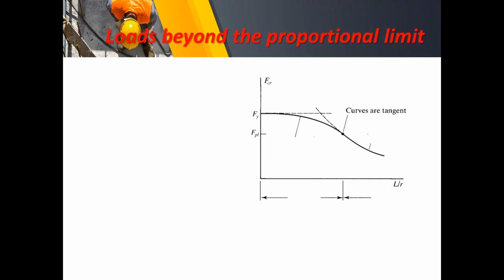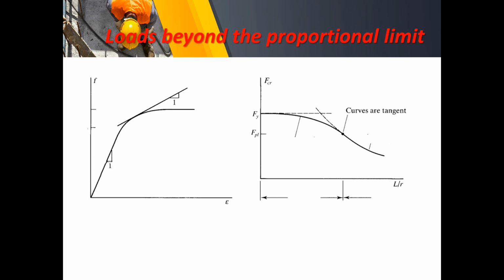Now to illustrate that into the stress and strain diagram, of course the ordinate here will represent our stress, and the horizontal axis will be the strain. Now within the proportional limit, we apply the Young's modulus of elasticity on the slope of that one.